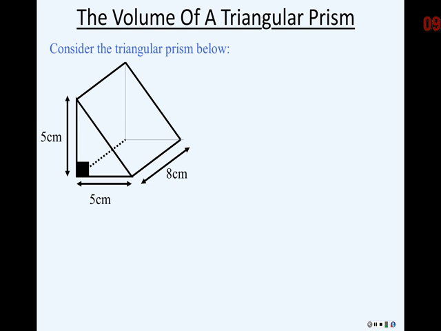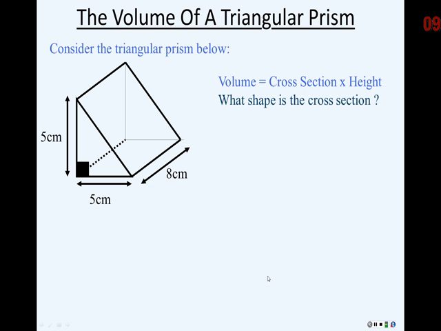I would just take the base times the height times the length and then divide it by 2. So when they talk about the cross section, they're just talking about the area. So you could break it up into pieces. Sometimes they may give you just the area of the triangle and then the length of the prism.